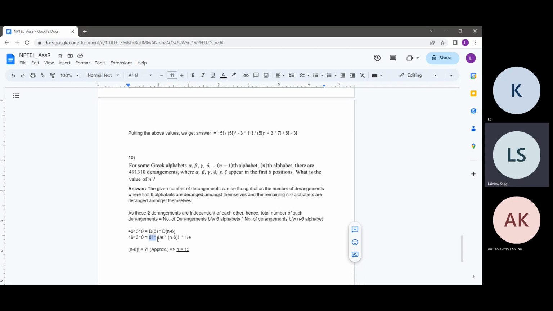But you can approximately write it as 6 factorial times 1 by e. This saves us a lot of time, even though it introduces some approximation. But I guess saving time is much more important than saving on some small value. So from this, we'll get n equals 13. You can trust me and try to do this calculation yourself, and you will obtain the same answer.